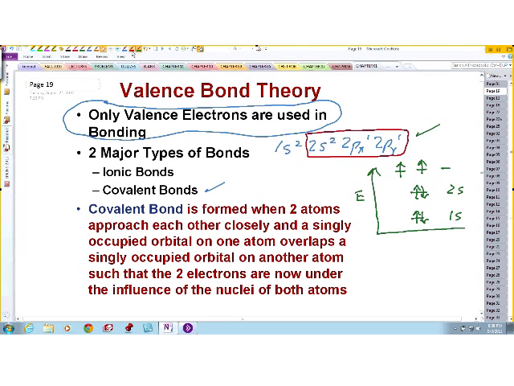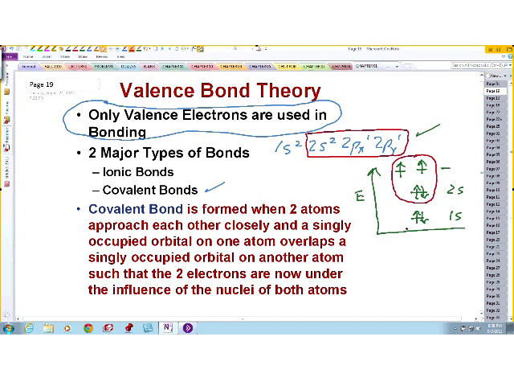These 4 electrons here are the valence electrons. They are in the 2s orbital and the 2p orbitals.